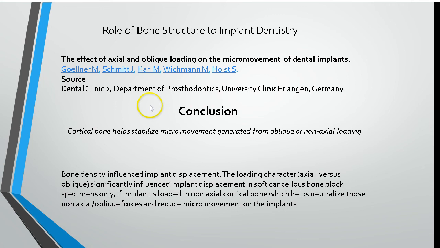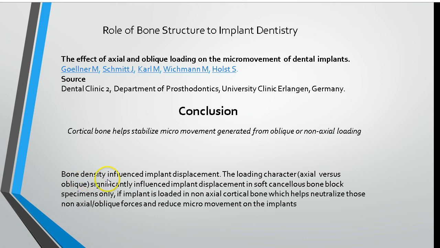If you're doing, let's say, an angulated implant, that will create more of an oblique loading. Depending on the type of bone, they concluded that cortical bone helps stabilize micro movement generated from oblique loading. So if you have a tilted implant, it'll make sure that the tilted implant is not distorted because of the loading coming in from a non-axial direction.